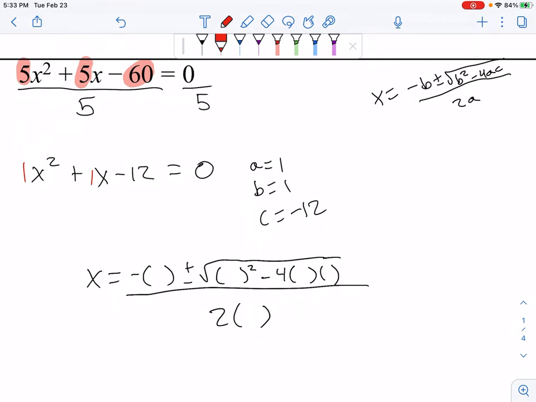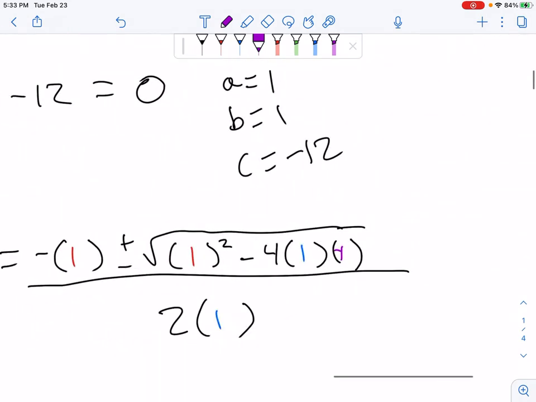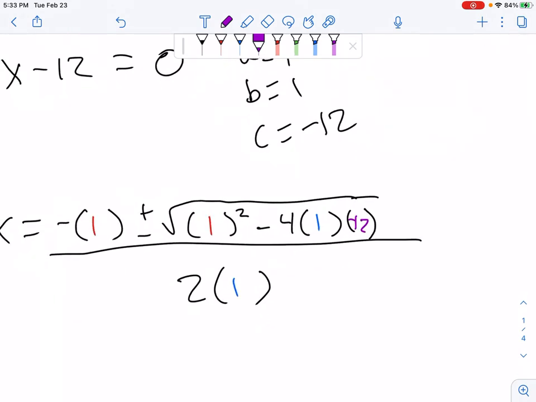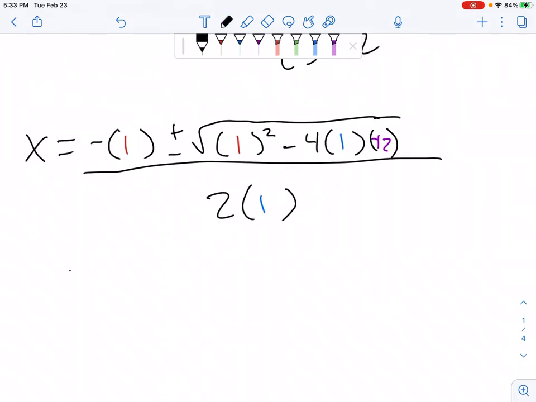So let's fill this out now. My b is 1. My a is 1. And my c is negative 12. So those are the 5 things I need to fill in, and then we just start working it out from here.